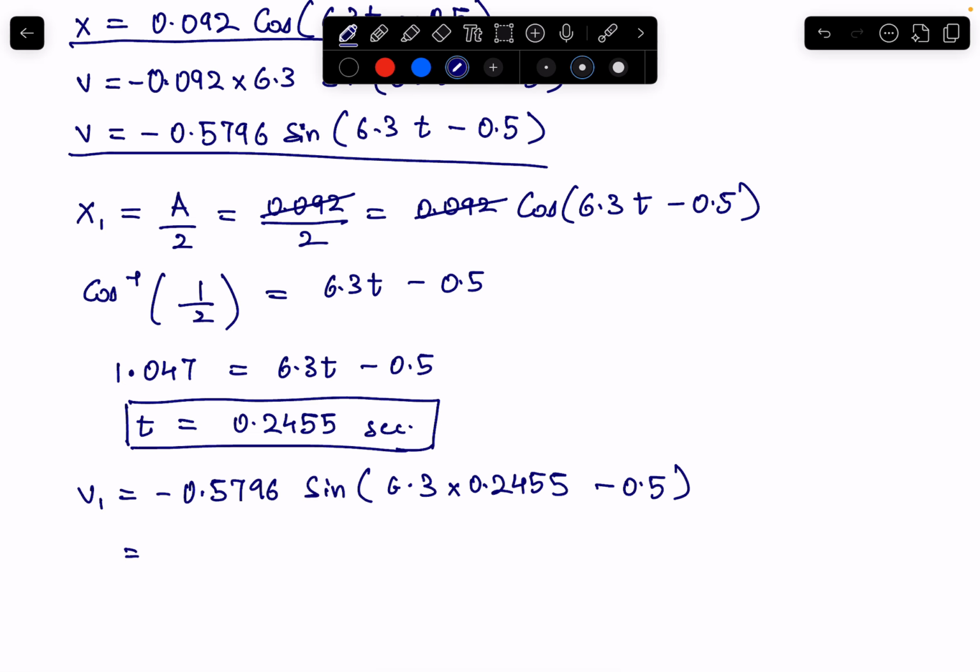So solving this, sine of 6.3 multiplied by 0.2455 minus 0.5, this multiplied by negative 0.5796.